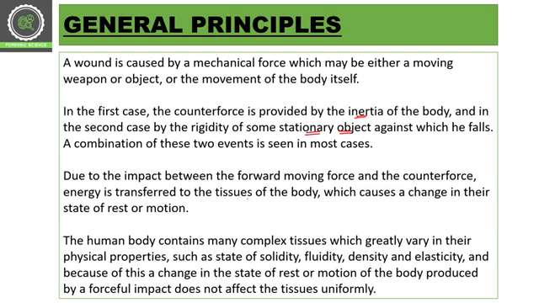Due to the impact between the forward moving force and the counter force, energy is transferred to the tissue of the body. In all that course, you can see that the energy is transferring to the tissues. We all know that the basic building blocks are cells, and similar types of cells combine to make tissues, and these tissues do the same work.